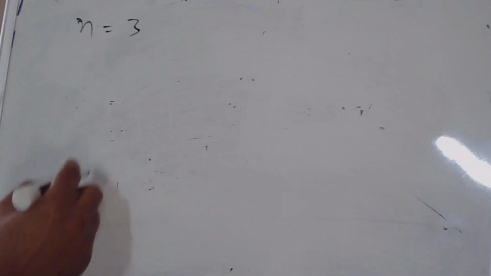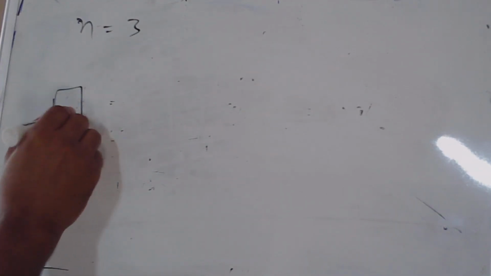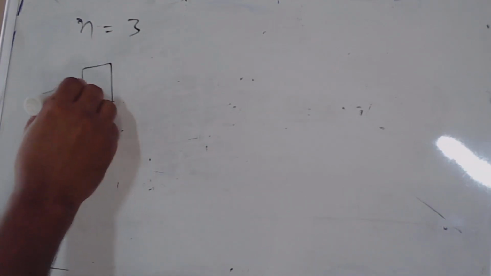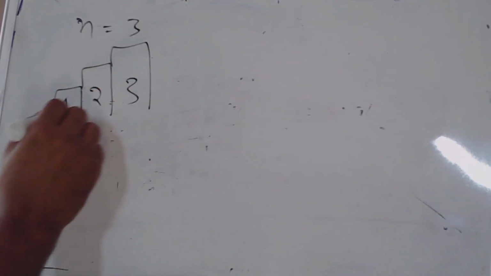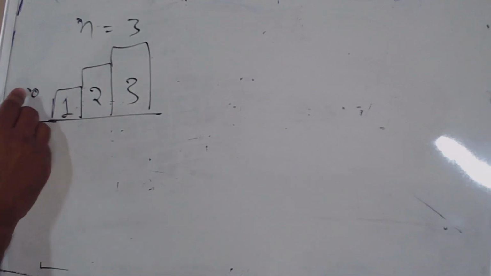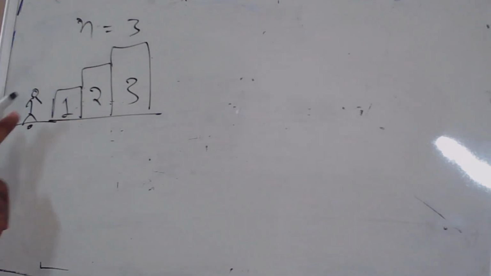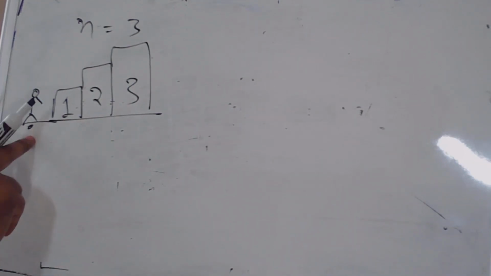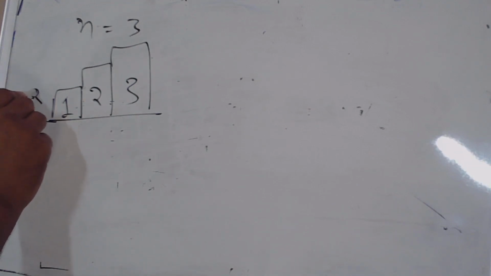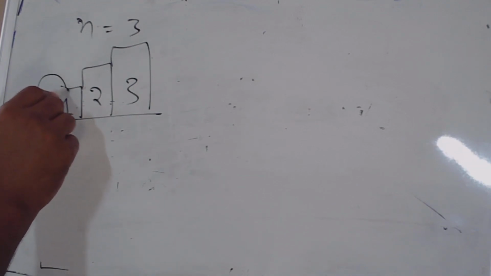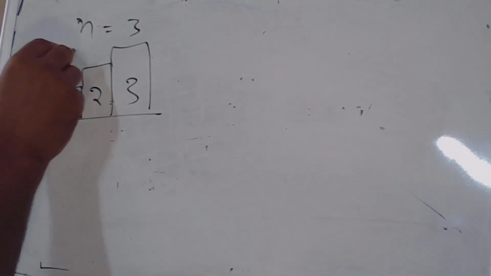So let n be the number of stairs. Let it be 3. So we have one stair, two stair, and third stair. And our guy is starting from here, right? From the 0th position, he can go either one step or two steps.